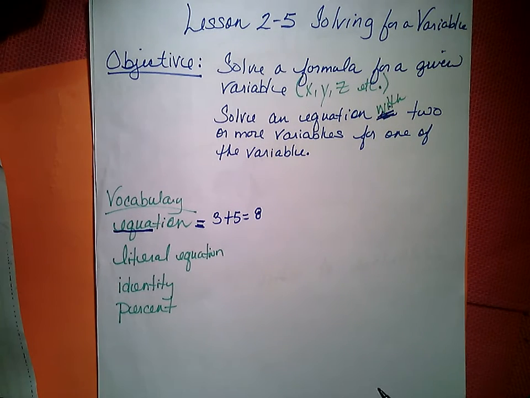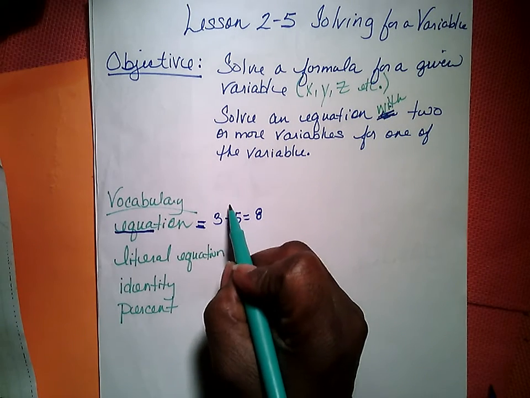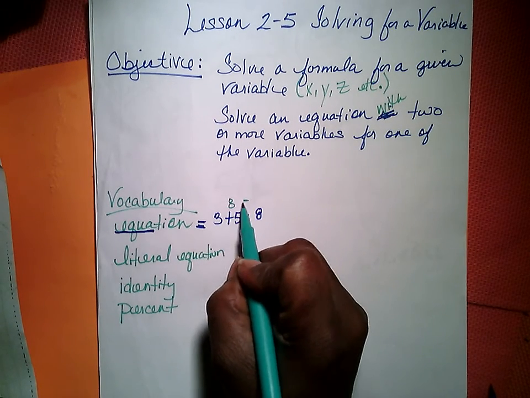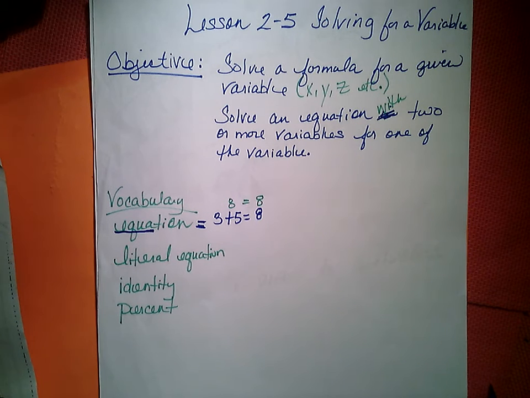It's an equation because you have two different sides of the equal sign. Expressions, we said, are just one side. So 3 plus 5 is 8, and then we have 8 on this side. As you can see, it equals.